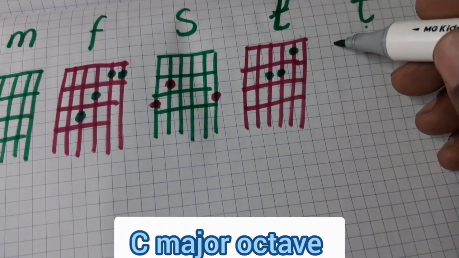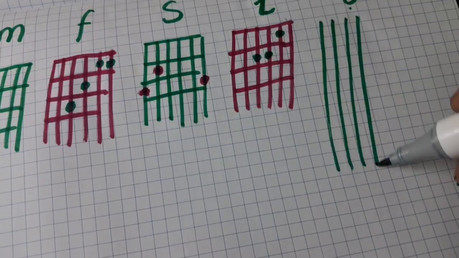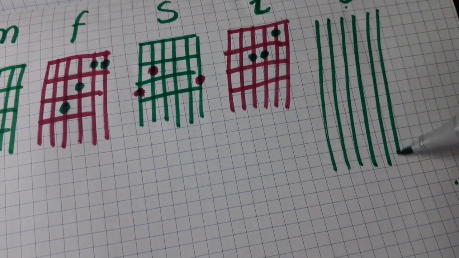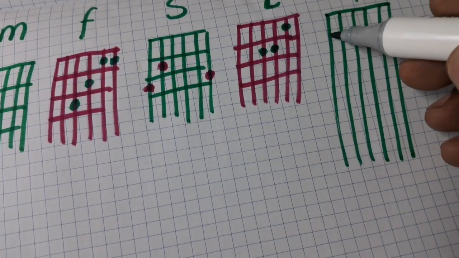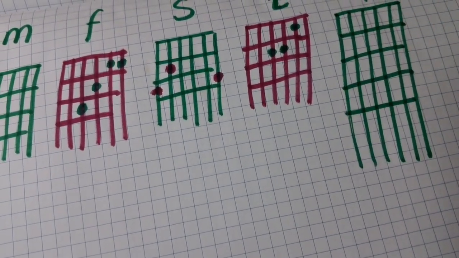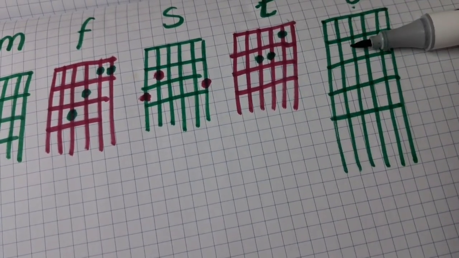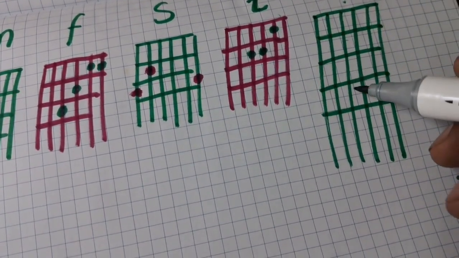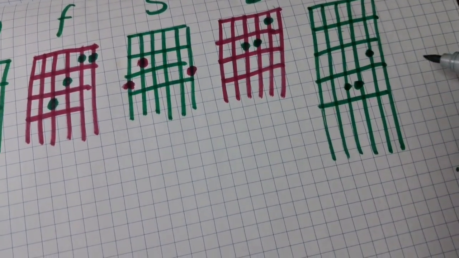Our ti, you see, is a bit longer because our ti is on the bar chord. 1, 2, 3, 4, 5, 6. Well, notwithstanding, we want to have it from the start so that it is clearer. So this is our ti.